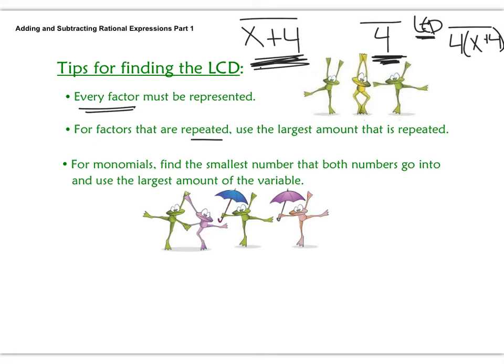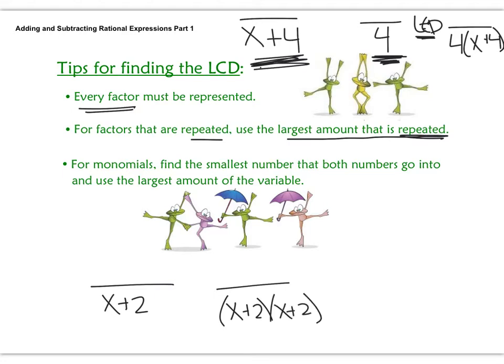For factors that are repeated, use the largest amount that is repeated. So what that's referring to is if this one has an x plus 2, and this one has x plus 2, x plus 2, the least common denominator between these would be x plus 2 and x plus 2.